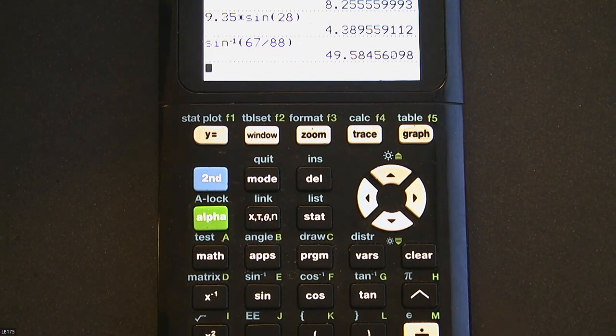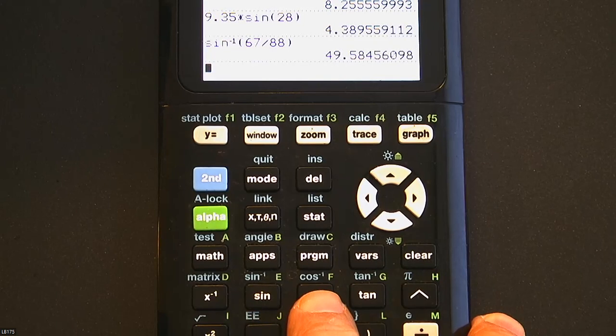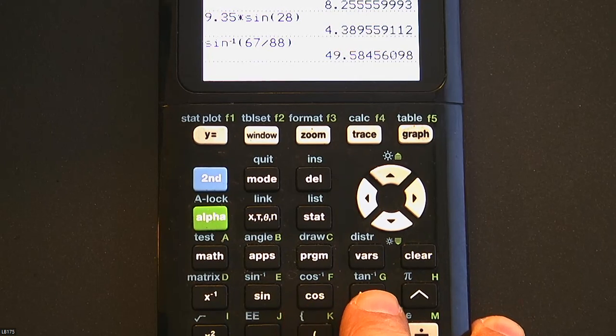So you guys got it? Inverse sine. So second and then the sine key. And by the way, if we were set up with a cosine, we can do an inverse cosine, just doing second cosine. And if we were set up with tangent, if we were given the A and the B, then we had to use TOA, the TOA part of SOHCAHTOA.